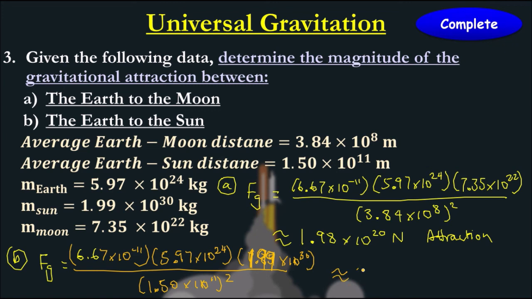That gives us a value of approximately 3.52 x 10 to the power of 22 newtons attraction. So you can see there's a stronger attraction between the Earth and the Sun than between the Moon and us, or vice versa.